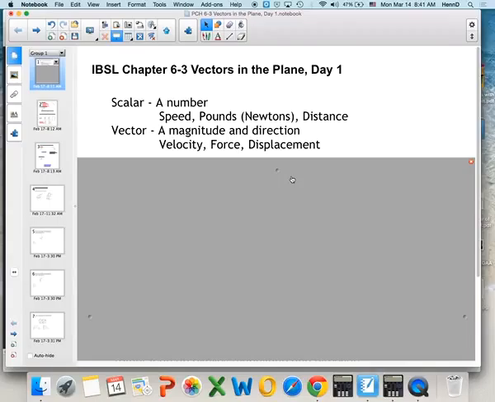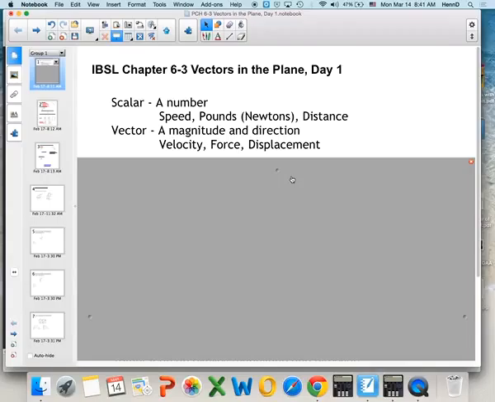I could say that someone traveled for 10 miles, but again, if that's just a scalar, unless I tell you which direction he traveled. If I say he traveled 10 miles east from where he started, now I've given you a magnitude and a direction, so now we're talking about a displacement, okay? And that's a vector. All right, so these are 3 common vectors.